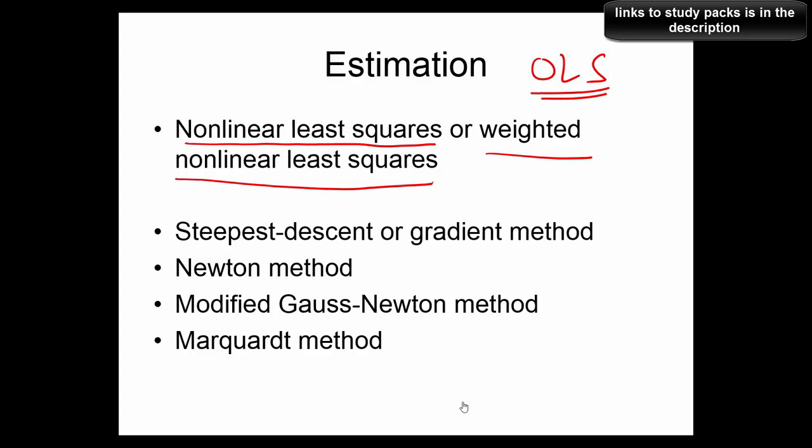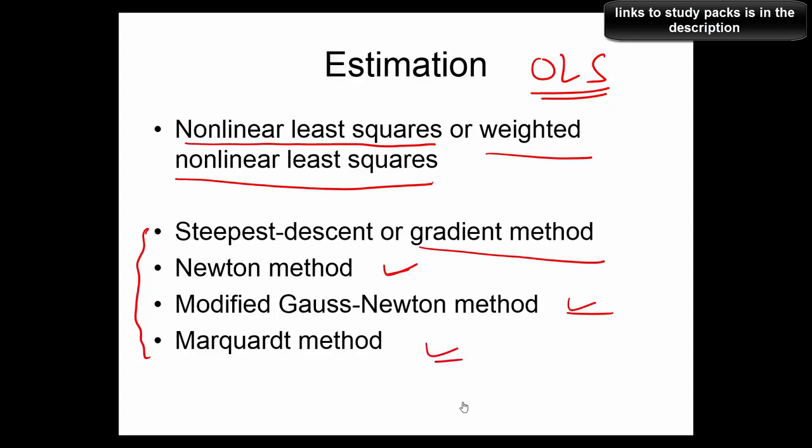There are many algorithms, just as in least square regression you have algorithms such as Newton-Raphson, quasi-Newton, and so on. Here you have the four most popular algorithms used. One is the steepest descent or the gradient method. The second one is the Newton method. Third one is the modified Gauss-Newton method, and the fourth one is the Marquardt method.